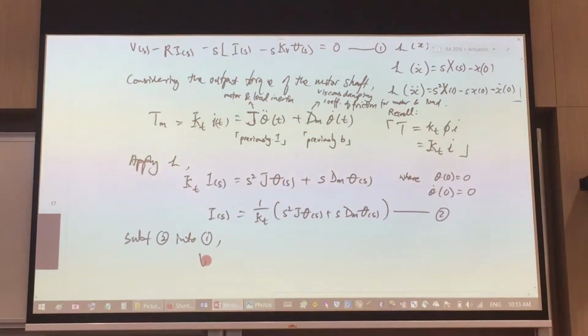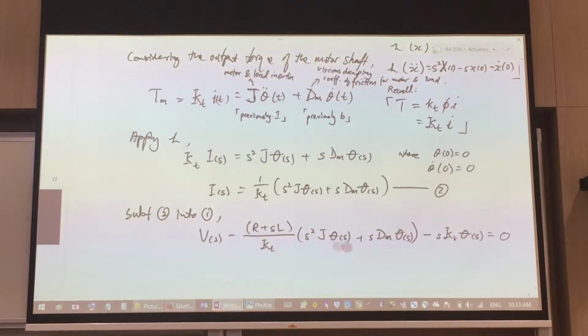If I do that, it becomes V(s) equal to minus (R plus sL) over this factor KT, s squared J theta(s) plus s Dm theta(s), minus s Kb theta(s) equal to 0. Just substituting and doing a little bit of simplification.